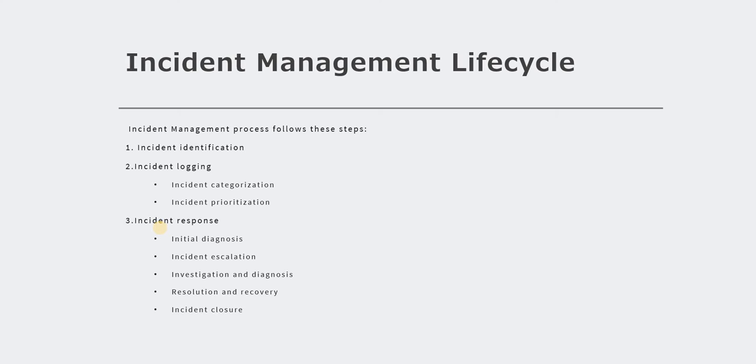We will diagnose the incident, what actually caused it, what was happening behind the scenes, is there anything else responsible for that, and then incident escalation if any other teams are to be involved, then investigation and diagnosis. It means we will investigate how we can restore this service as soon as possible, and we will diagnose it and then resolve that incident, and then recovery.